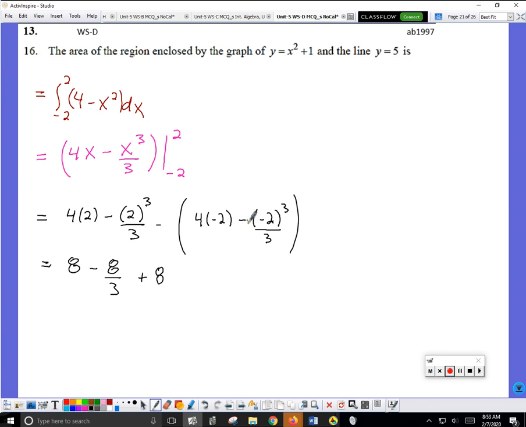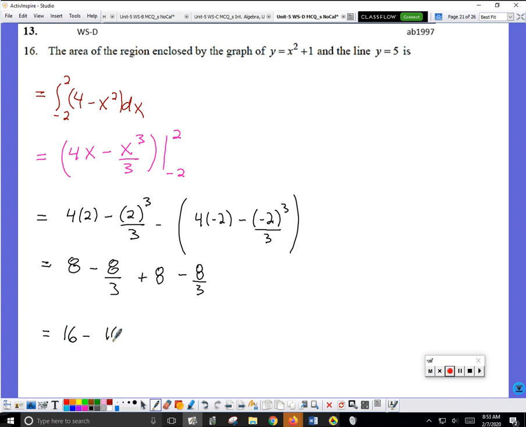That negative switches it to positive. Distributing that negative switches back to negative. And so what I do now is, instead of trying to combine these two, it's much better to combine these two and these two. Just saves some time. So now you have 16.